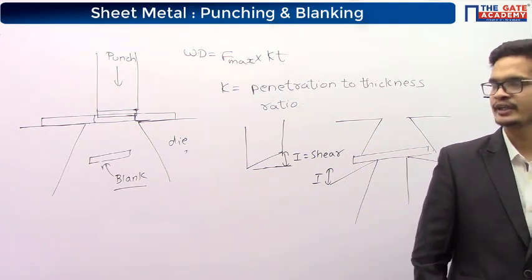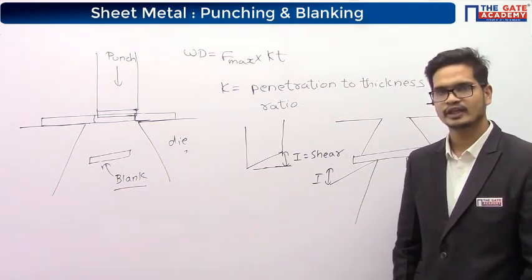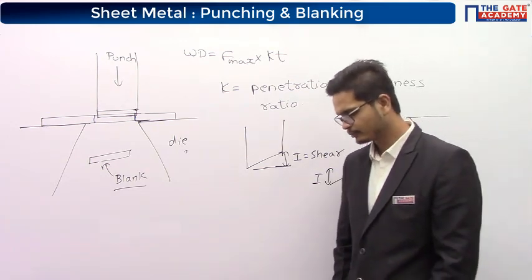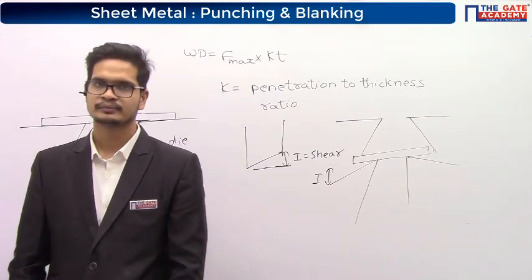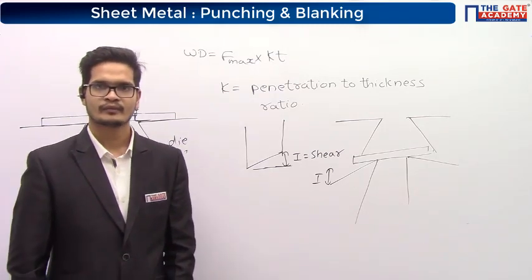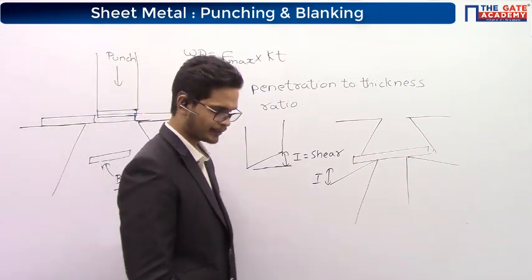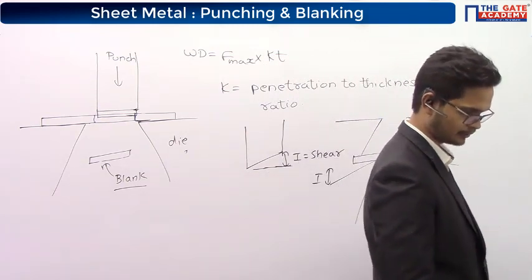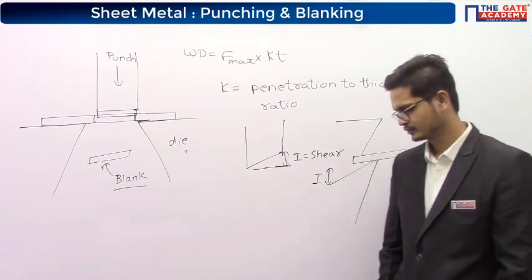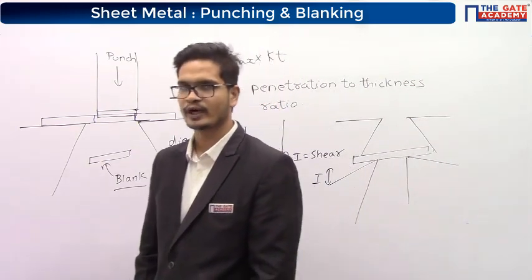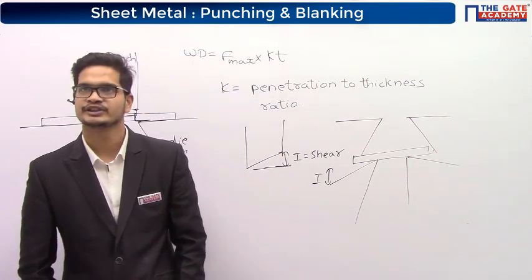In punching operation, the shear will be provided on the punch. And in blanking operation, the shear will be provided on the die.